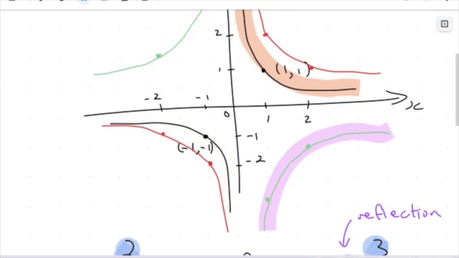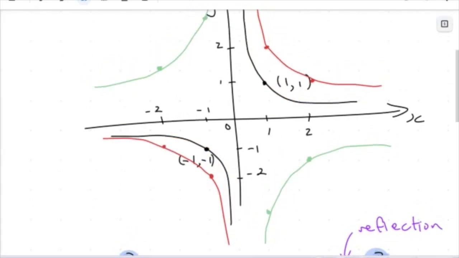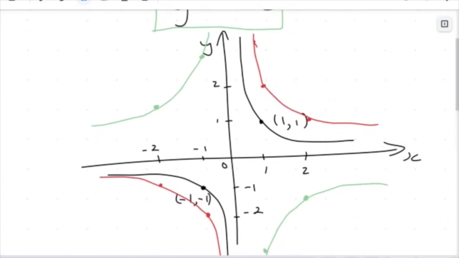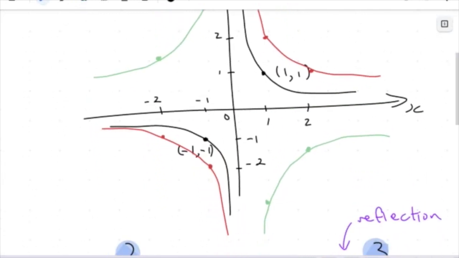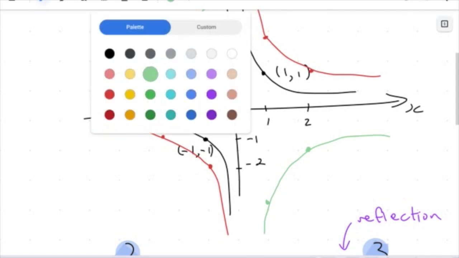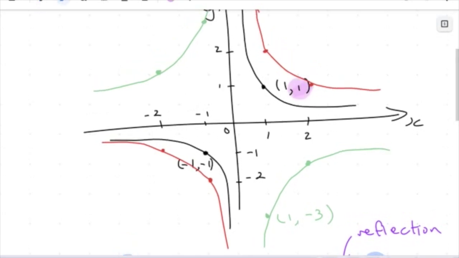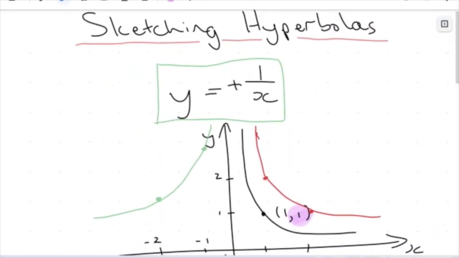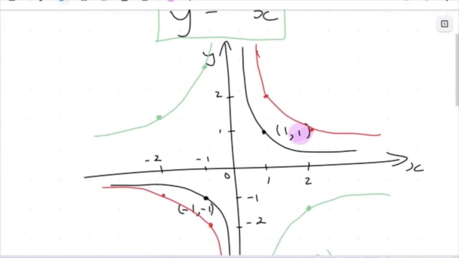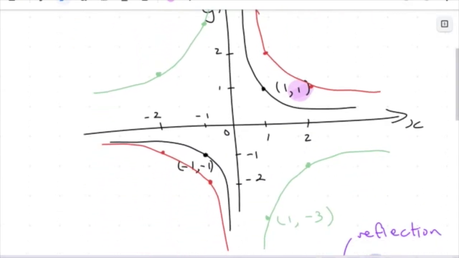So if I just tidy this up a little bit, here I have the coordinates of 1 and -3. So this original y value of 1 from my original hyperbolic function up here is getting scaled by -3. So when x is 1, my thing goes 3 units in the y.